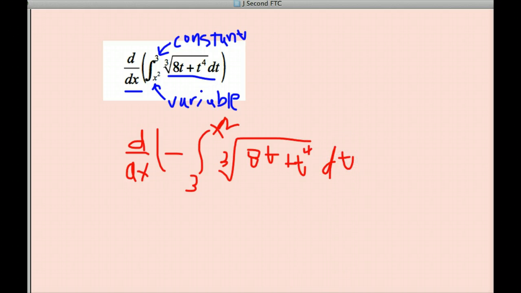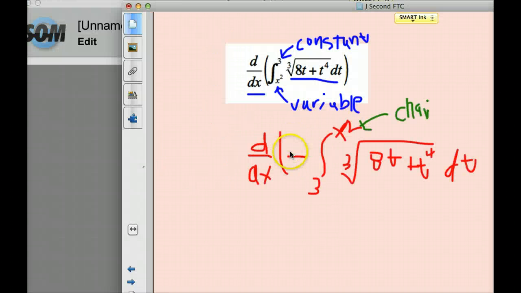And the key thing is, since this is not an x by itself, I must use the chain rule. So I'm just going to write chain in here to remind us.